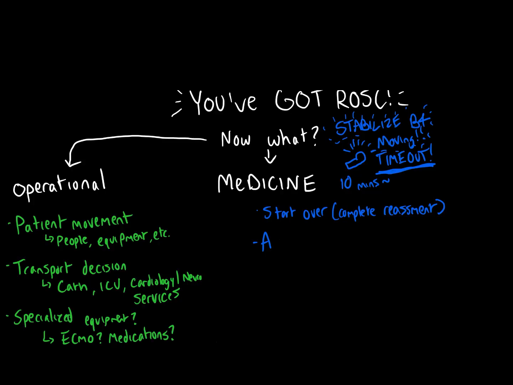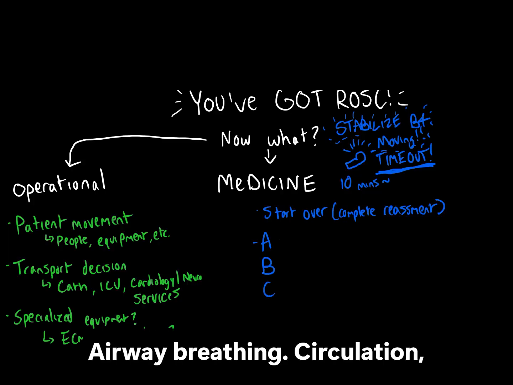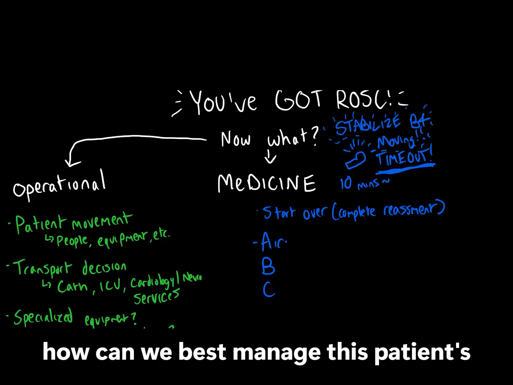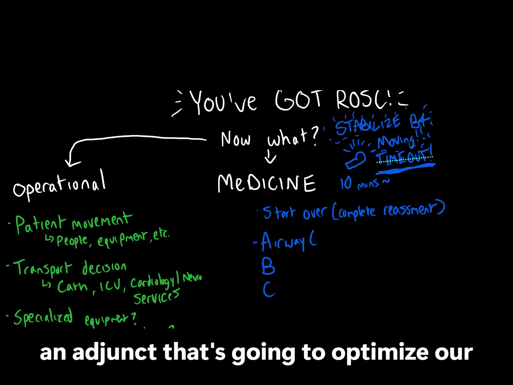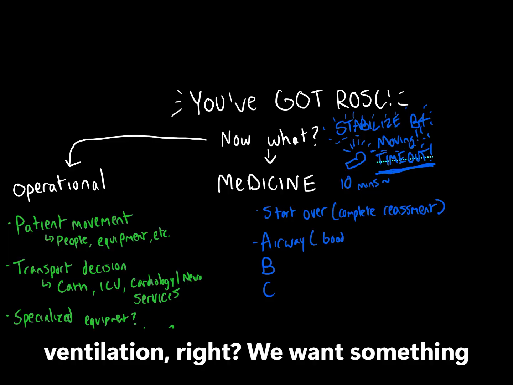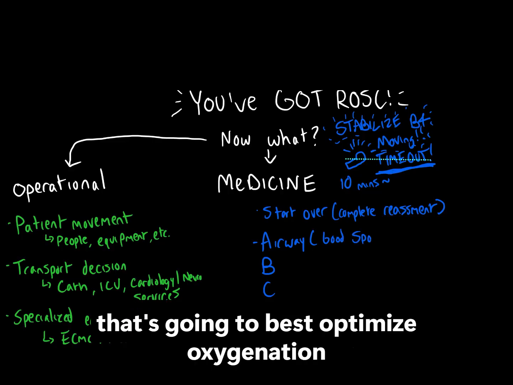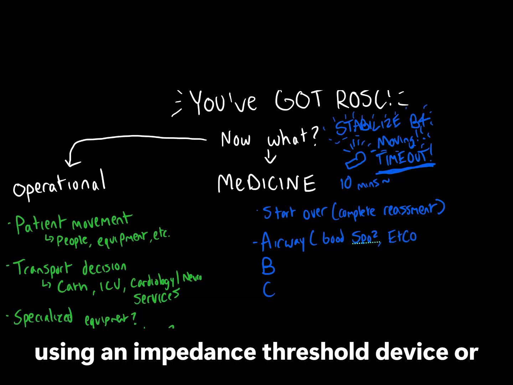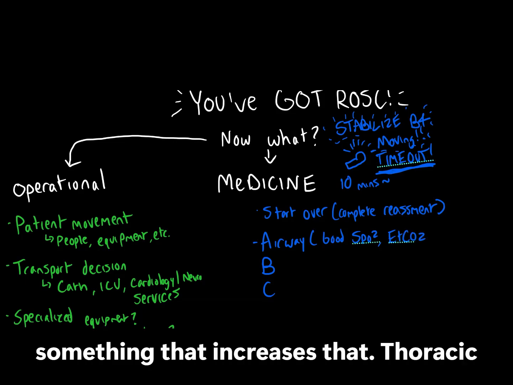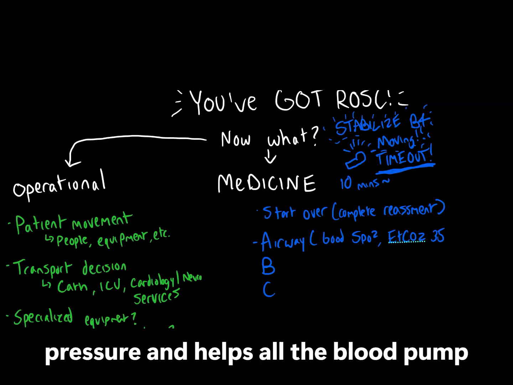So, airway, breathing, circulation. How can we best manage this patient's airway? Of course, we want to use an adjunct that's going to optimize our ventilation, right? We want something that's going to best optimize oxygenation and ventilation. Now, some agencies are using an impedance threshold device or something that increases that thoracic pressure and helps all the blood pump around.